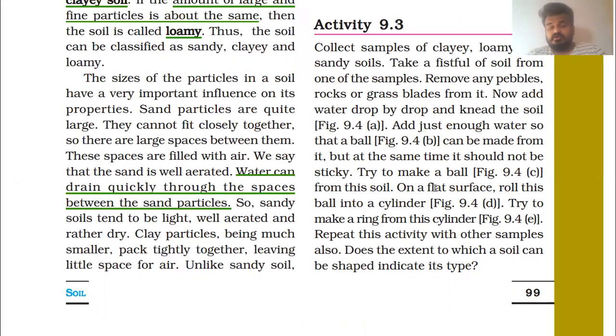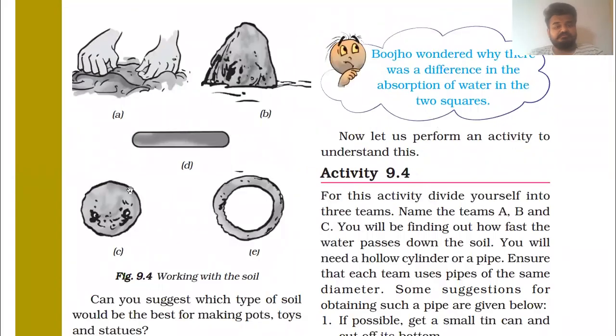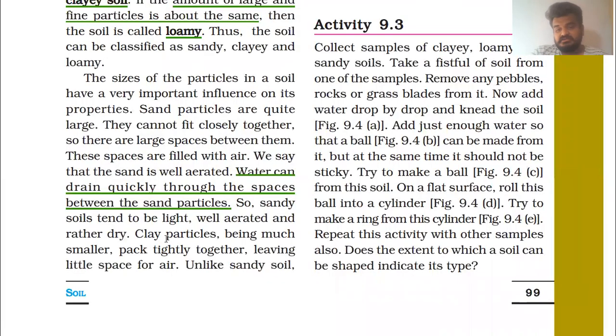Try to make a ball from this soil, as given in 9.4c. As I already told you, like a dough only, you can make a ball of it from the soil and enough water. Try to make a ball on a flat surface.